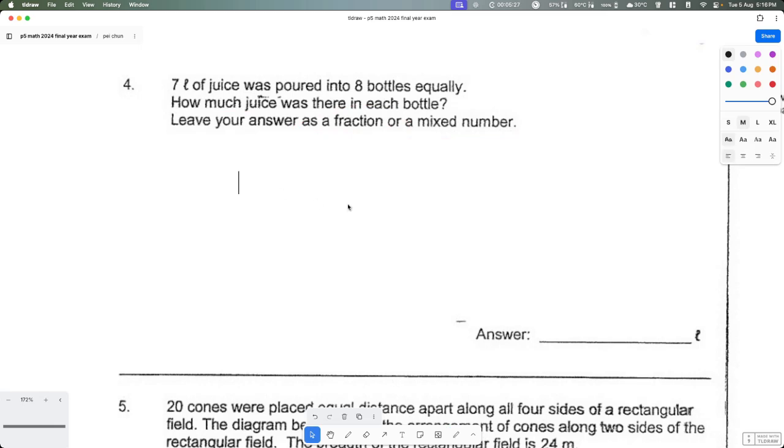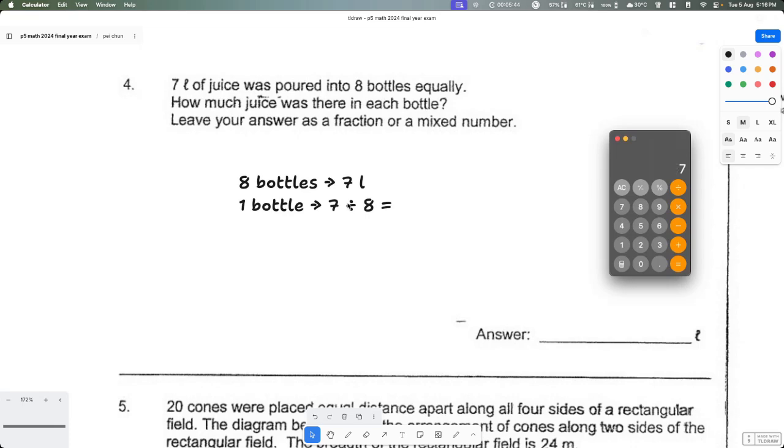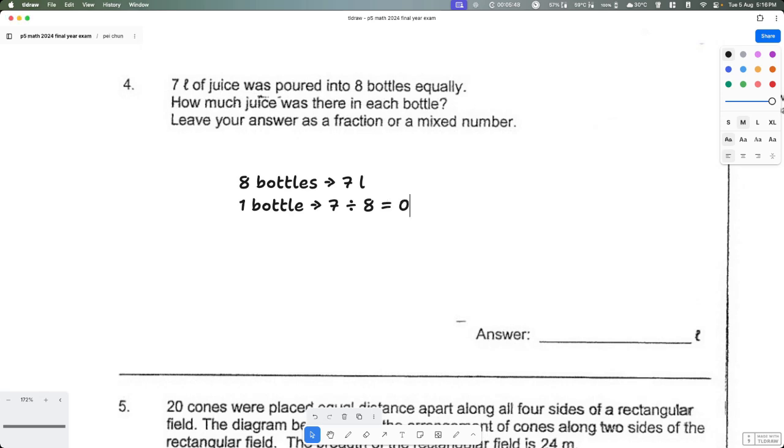Okay, so 8 bottles is equal to 7 liters. So 1 bottle is equal to 7 divided by 8. Okay, so 7 divided by 8 is 0.875. So what is 0.875?